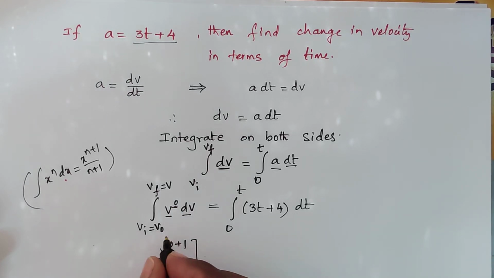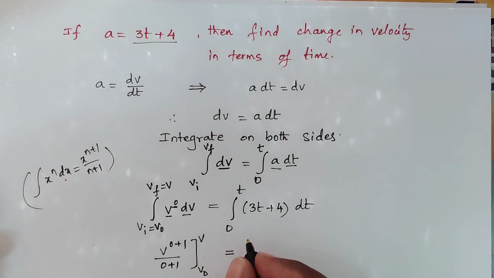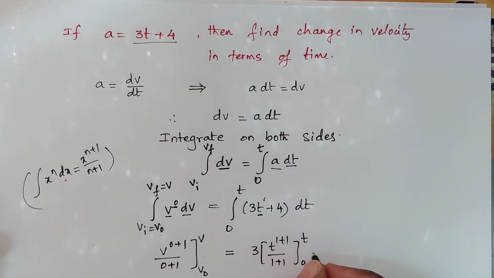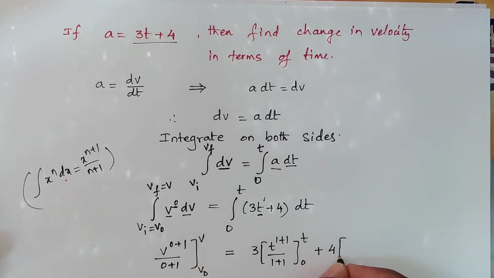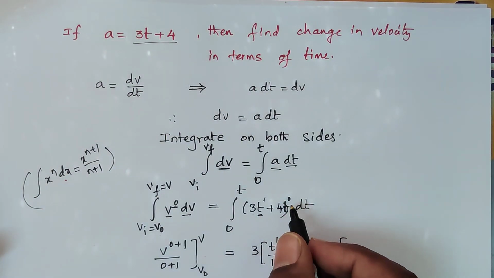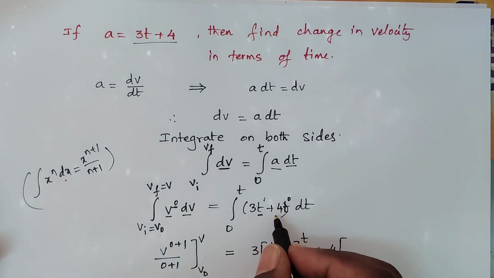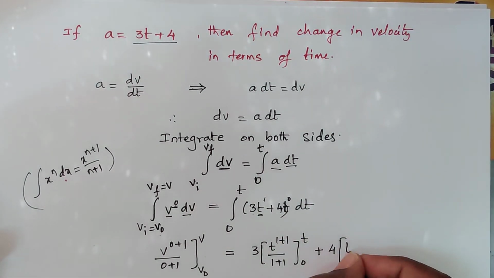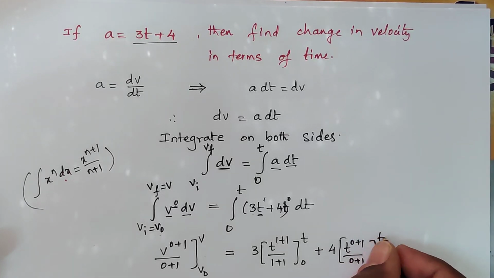Limits from v0 to v equal to integral 3t. 3 into integral t is nothing but t to the power of 1 plus 1 by 1 plus 1, limits from 0 to t, plus 4 into t power 0. T power 0 is nothing but 1. 4 into 1 is 4 only. So 4 into t power 0 plus 1 by 0 plus 1, limits from 0 to t.